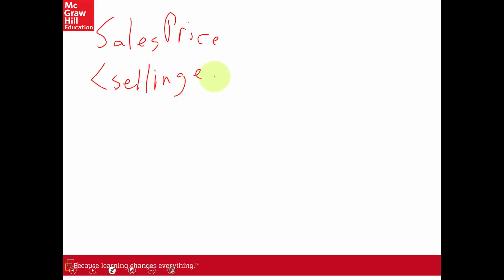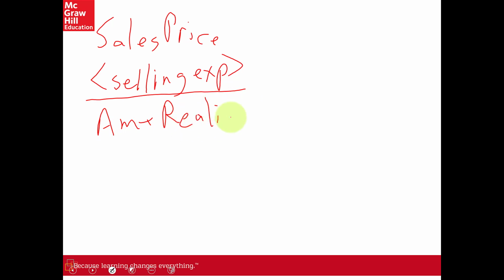All of that are called selling expenses, and that comes off the top from the sales price. And the remainder is called an amount realized. Okay, that's after subtracting out just the selling expenses, not the cost of the item you're selling.